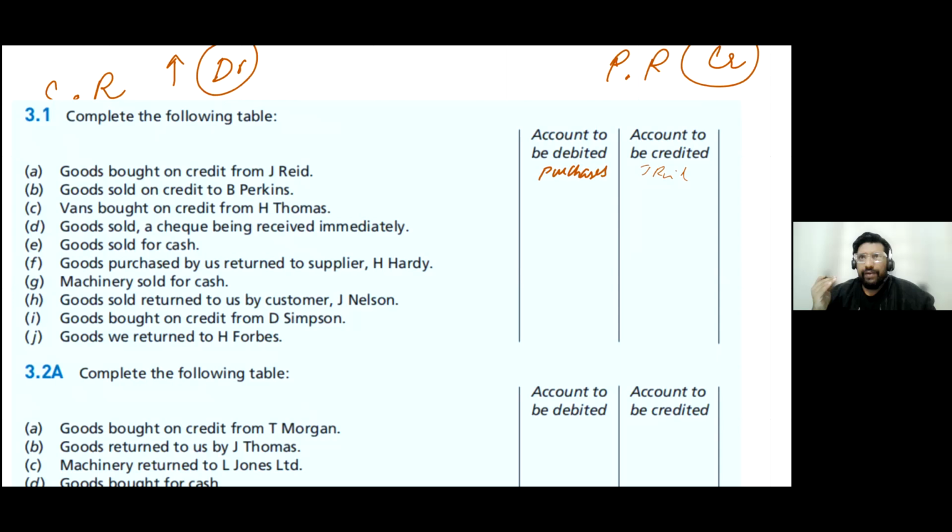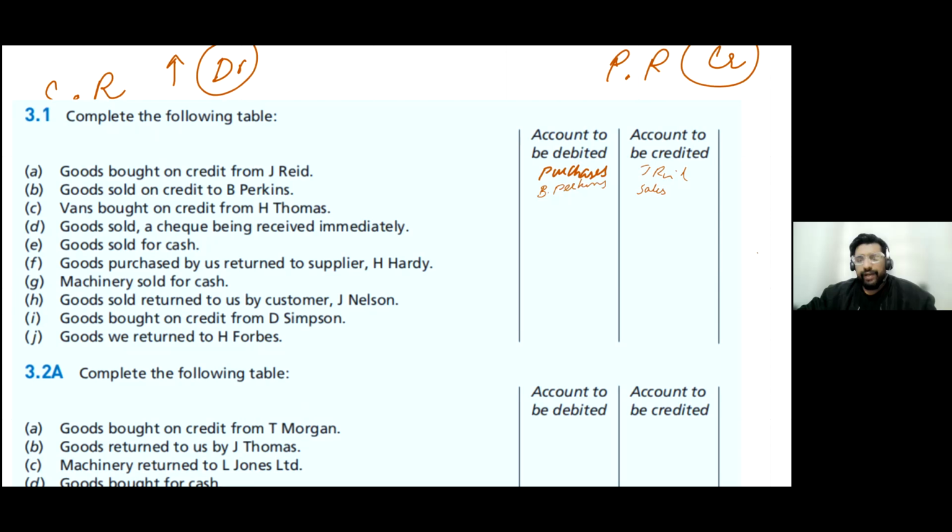If my stock is decreasing, it means my sales account is going to be credited. And B Perkins is my receivable. Receivable is an asset. So this asset is increasing. So I'm going to debit B Perkins.